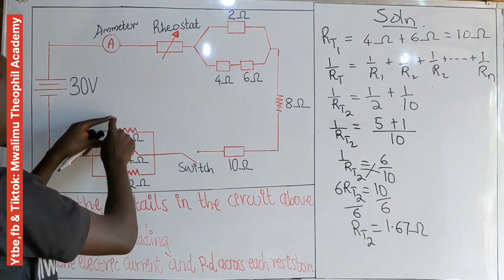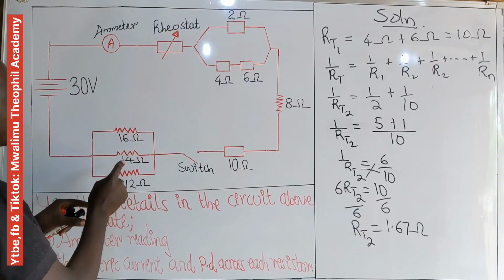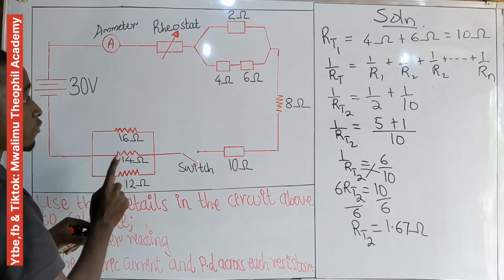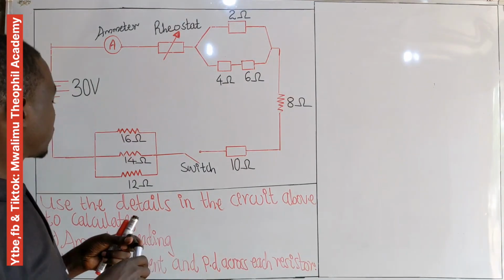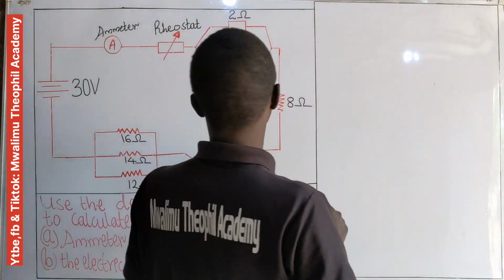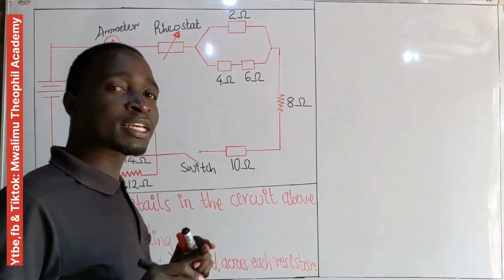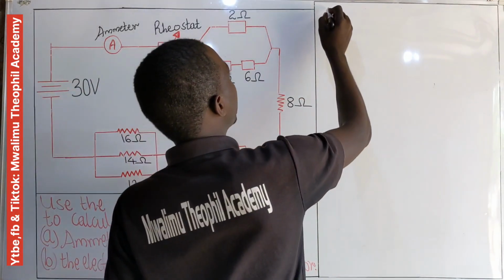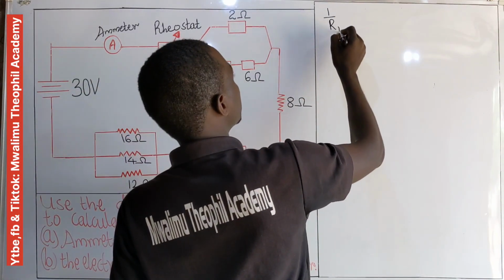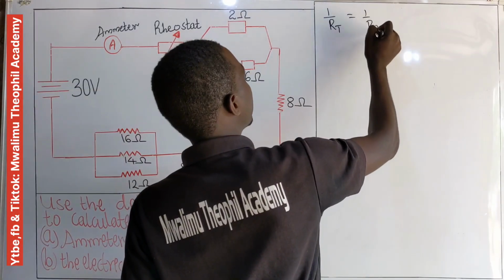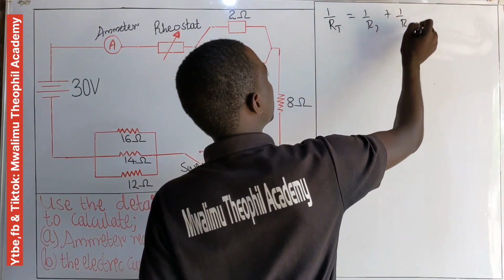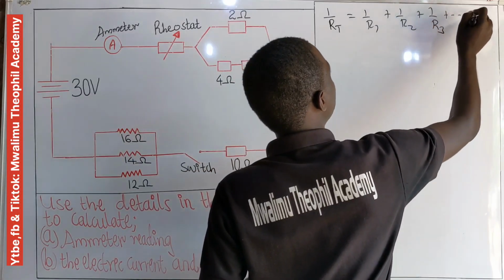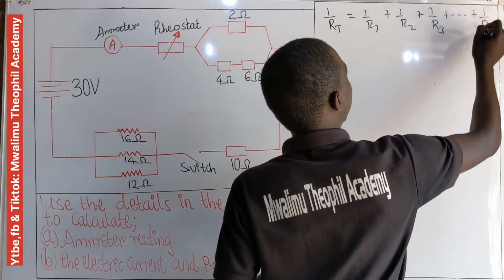Now let's shift to the second parallel system, which contains the 16 ohm resistor, 14 ohm resistor, and 12 ohm resistor. As we have said before, for the effective resistance of resistors which are in parallel, we use this formula: 1 over total resistance is equal to 1 over R1 plus 1 over R2 plus 1 over R3 plus dash plus 1 over Rn.